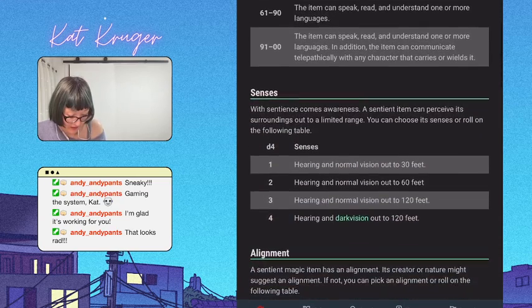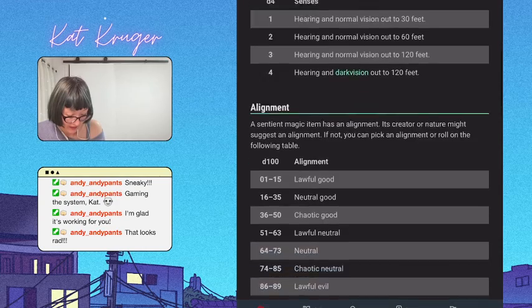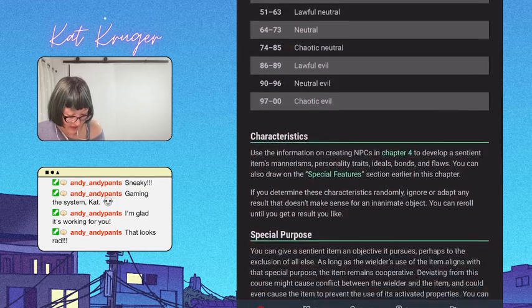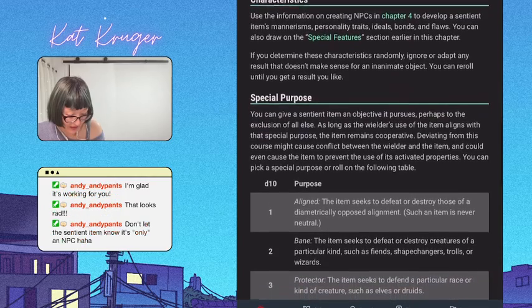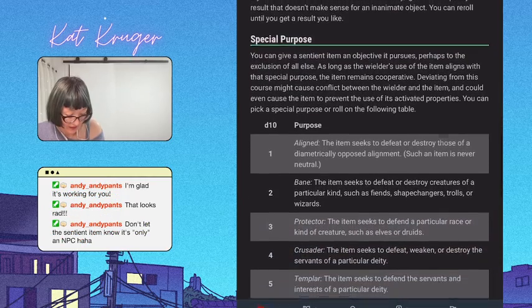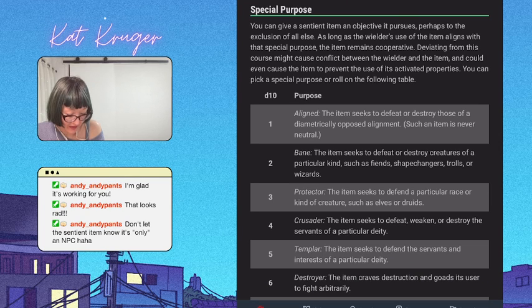Some senses, alignment. Clearly, this is going to be some sort of evil alignment. And then it has a special purpose.